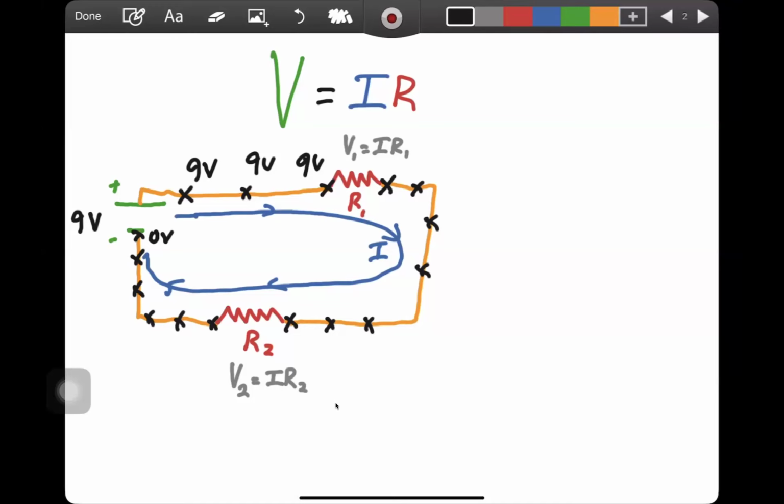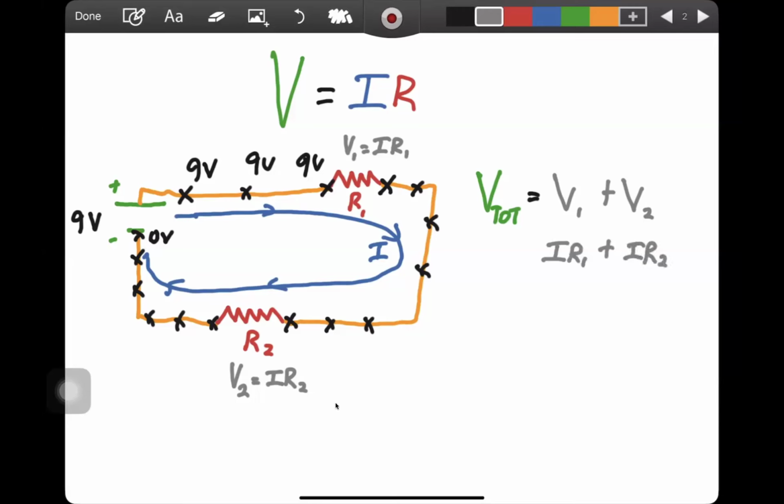And by the way, it doesn't have to be a battery. It can be any sort of power source that provides a potential difference. And so at the end of the day, the total V for this circuit, I'll call it V total, is going to be equal to V1 plus V2, where V1 is the voltage drop across the first resistor and V2 is the voltage drop across the second resistor, which is to say I R1 plus I R2.